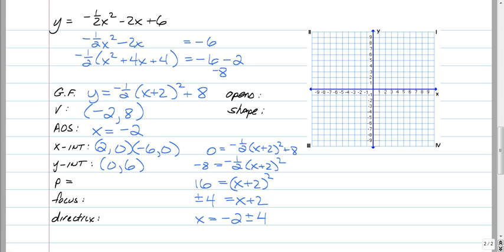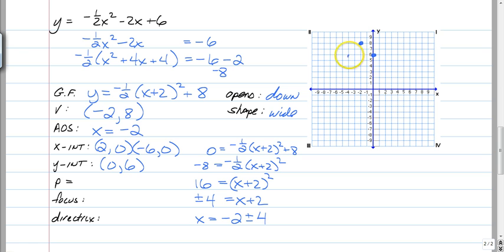So I wasn't rushing through it. This is stuff you're already supposed to know. The shape: it opens down because a is negative, and it is wide because we have a fraction that is less than 1. So now we got to graph that guy. Our vertex is at negative 2, 8. Our y-intercept is at 0, 6.